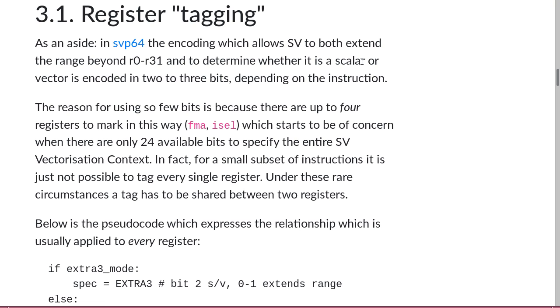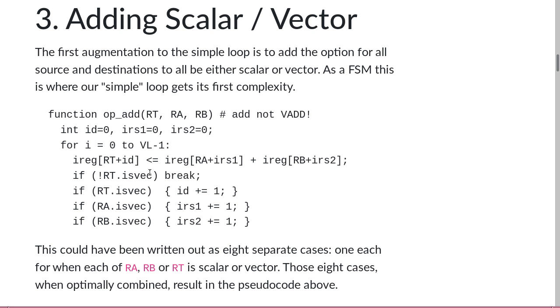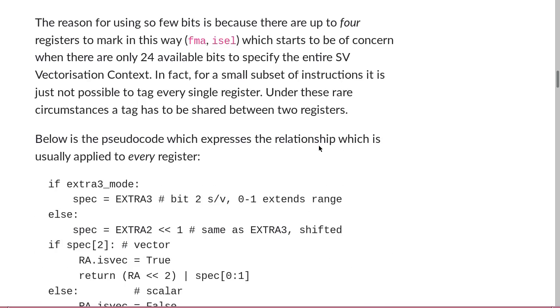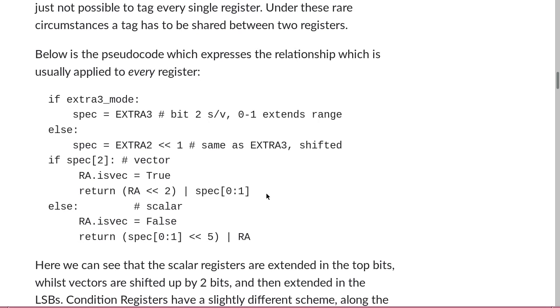So what we do, you can see the link here in SV64, which you can have a look at. We have some tag bits, so we don't just have a tag bit for is-vector here. That's one of those bits, but there are 2 additional bits which are tacked on to the 5-bit RA, RB, RT to extend the range of the registers from 0 to 31 to 0 to 127.